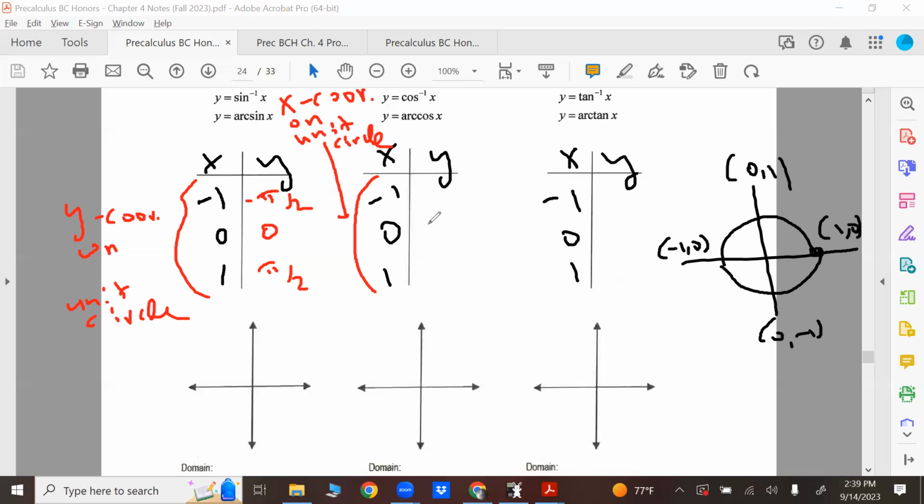Pi over 2, yeah. Also 3 pi over 2, but we'll say pi over 2. Where is the x coordinate in the circle 1? 0. Or 2 pi, but we'll say 0. And where is the x coordinate on your circle -1? Pi, right? And then here, you're looking for y over x, right?